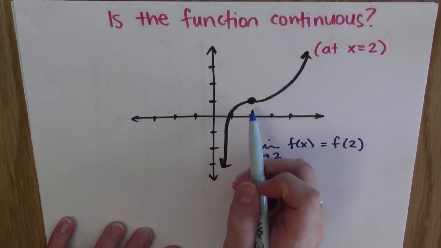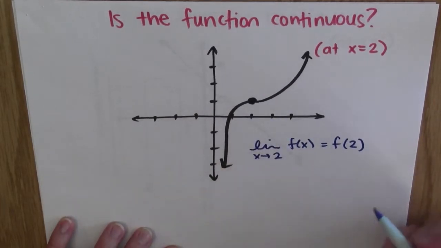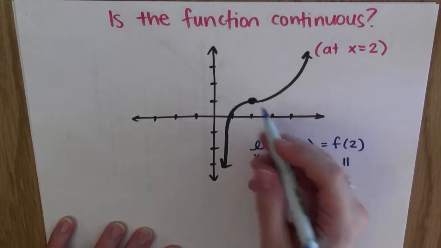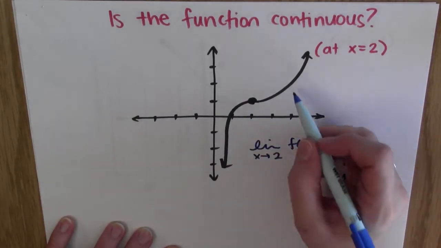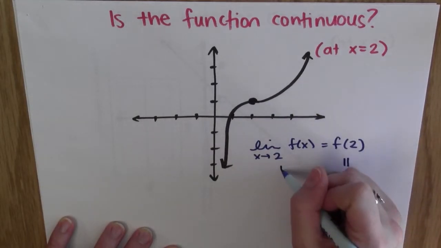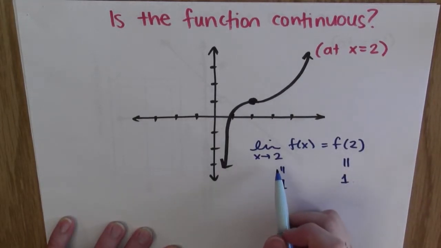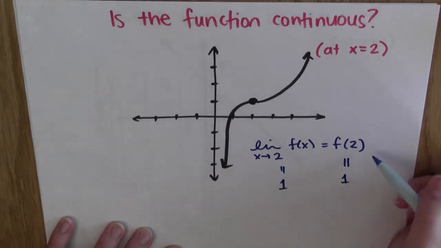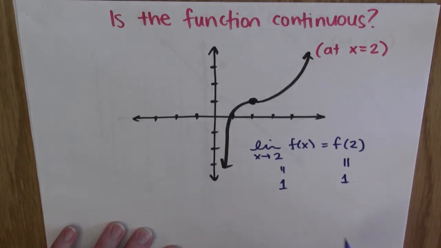Well, I have a big dot here that says the function's value at 2 is equal to 1. And if I look very carefully, the function is approaching 1 from both sides. So the limit of f of x as x approaches 2 is 1, and the function value at the point x equals 2 is also 1. So this function is in fact continuous at 2.